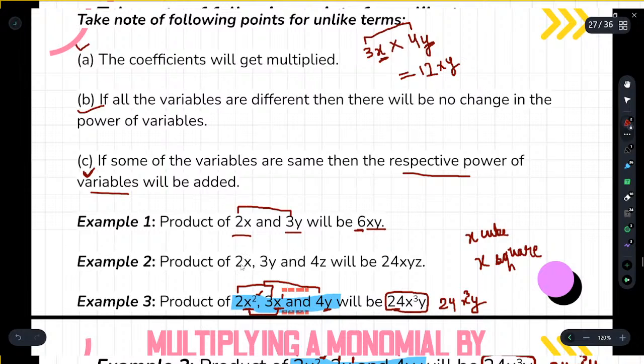Example number 2: 2x, 3y and 4z. 2 into 3 is 6, 6 into 4 is 24. So I can write it as 24. Now x, y and z are here. The three variables are all different. So I can write them as it is, right? Without doing anything to their powers, I can just write them as it is. x, y, z. So this is my answer.